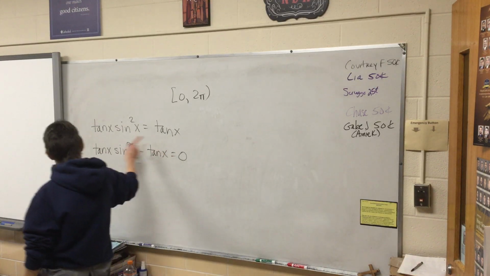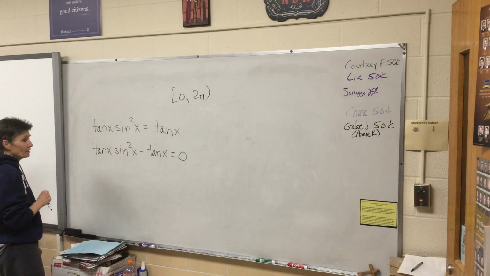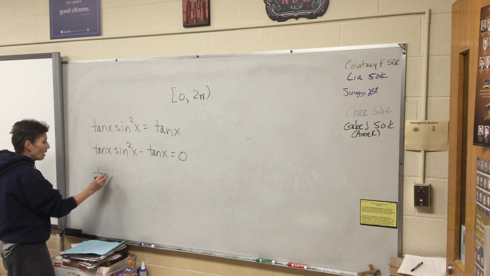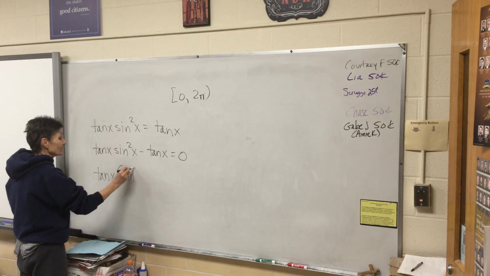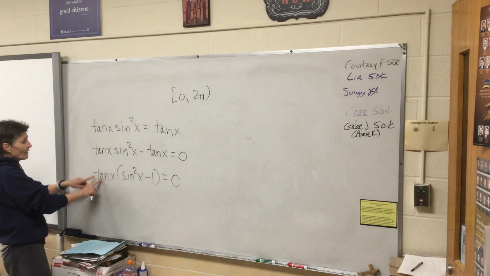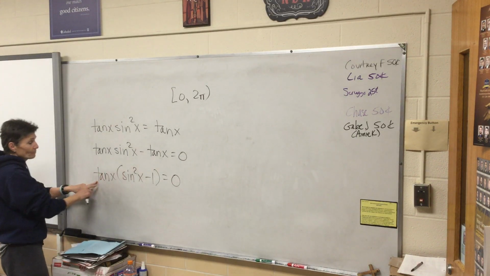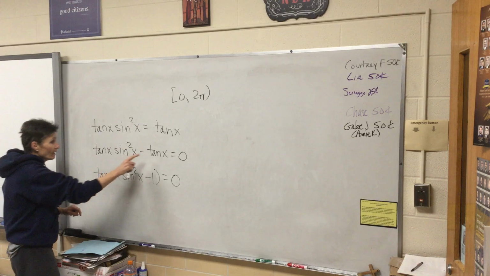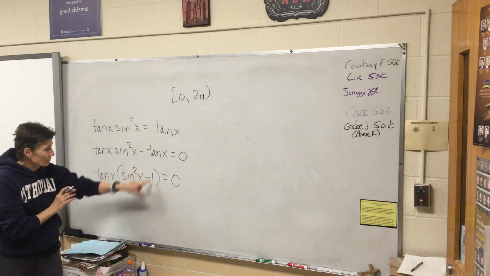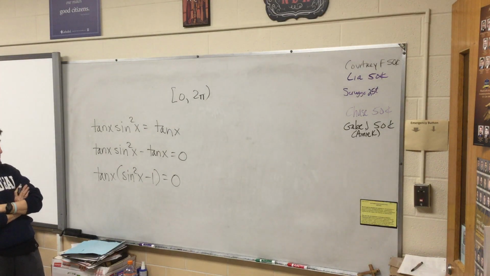So dividing by tangent is not an option, but subtracting and factoring it out is absolutely an option. And again, when I pull that tangent out, it becomes a 1 there. You gotta have a 1 there when you pull off the whole tangent. Okay? All right, what's the next step?